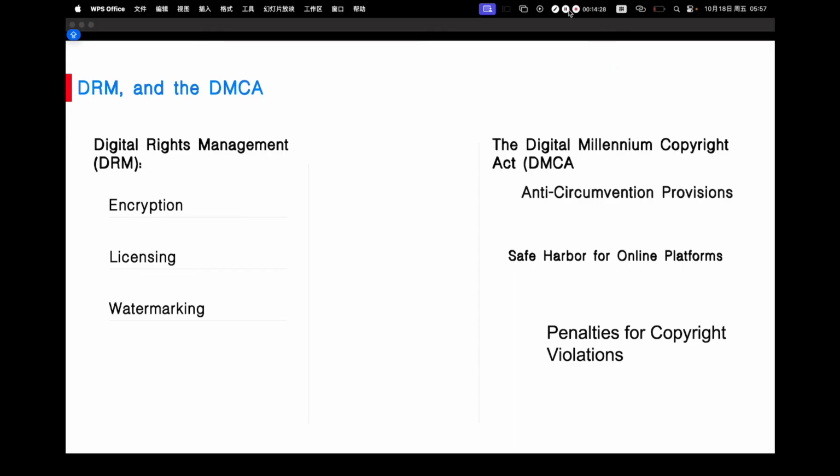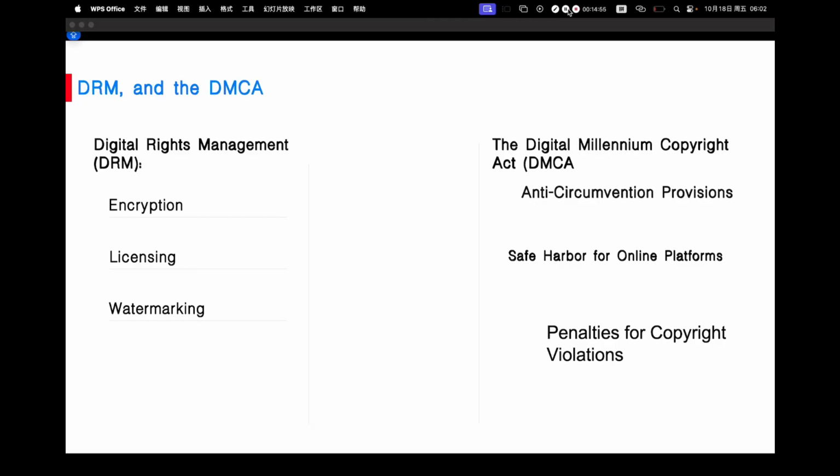This part is about DRM and the DMCA. Okay, now I'm going to start with DRM. DRM is digital rights management. DRM refers to technology used to control how digital content, such as music, movies, ebooks, or software, can be accessed or shared.